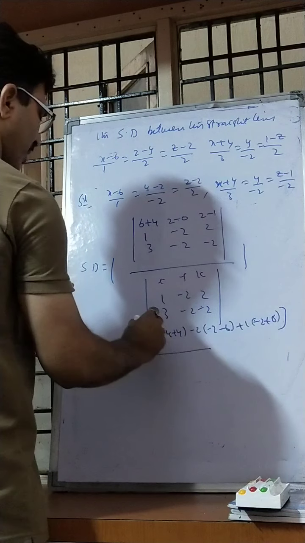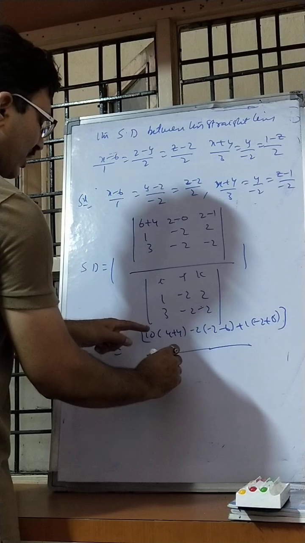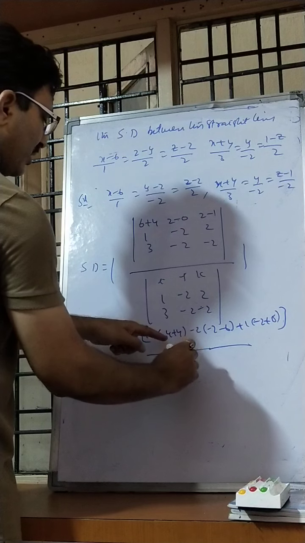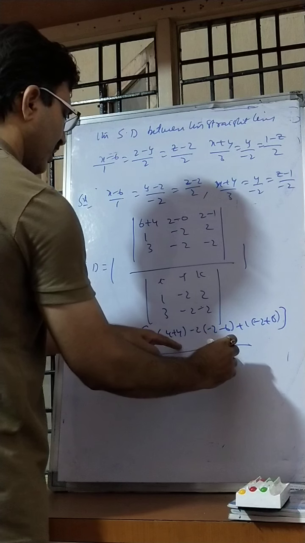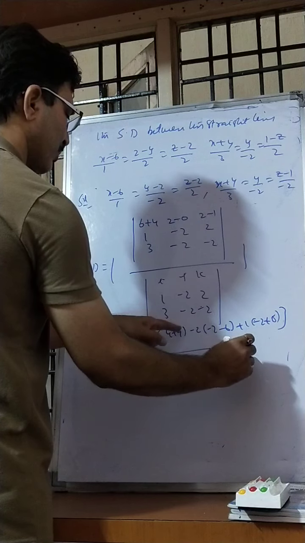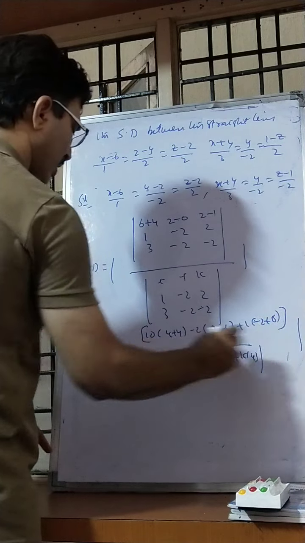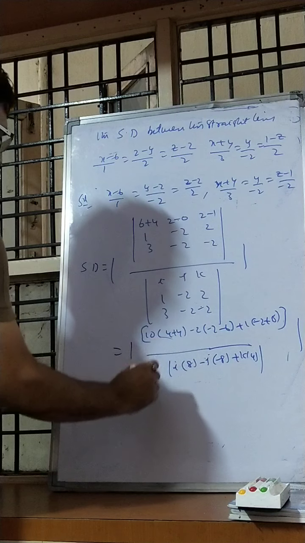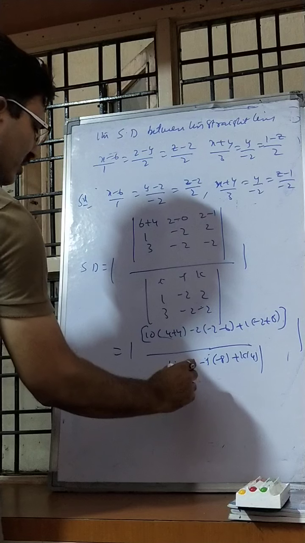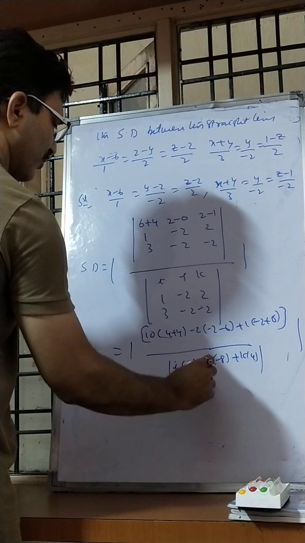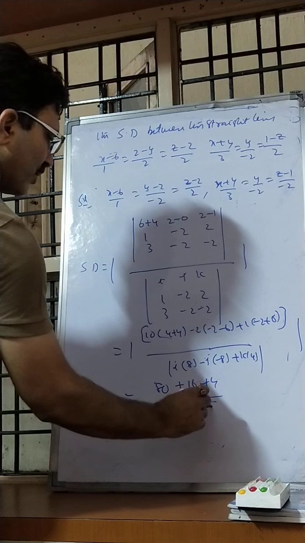So you are getting i into 8, j into minus 8, and k into 4, with the mod of this. That is 80, 16, plus 4, divided by the square root of 64 plus 64 plus 16.